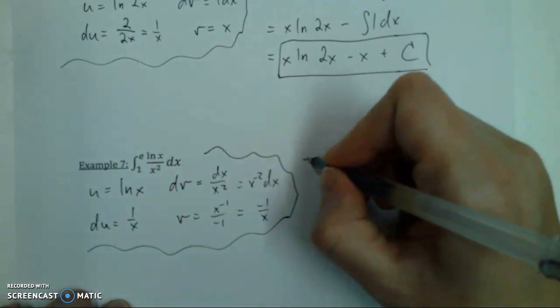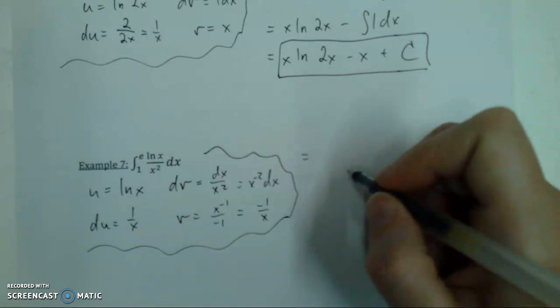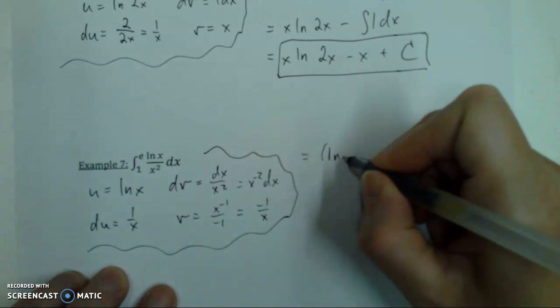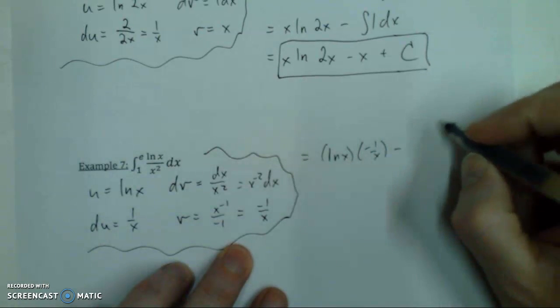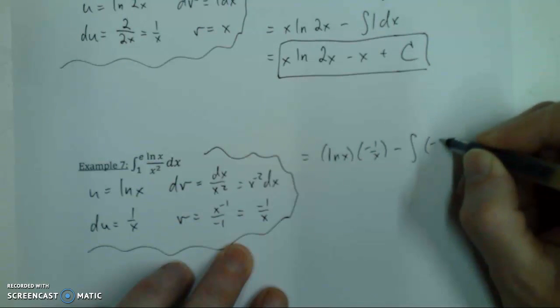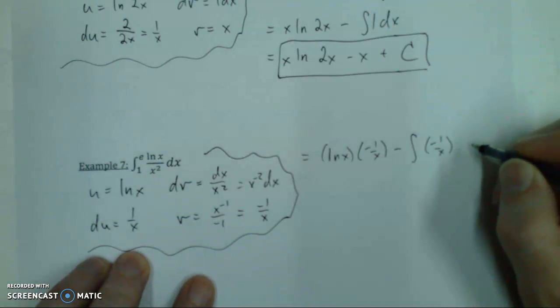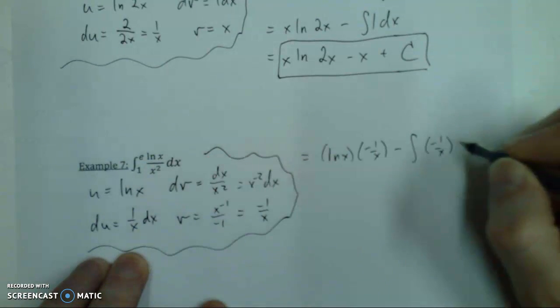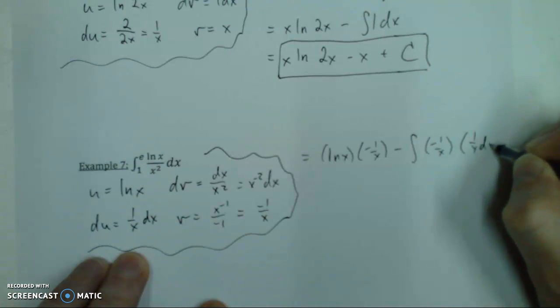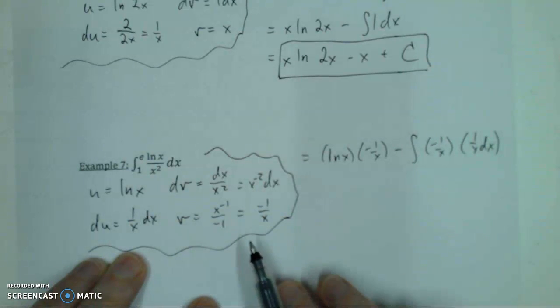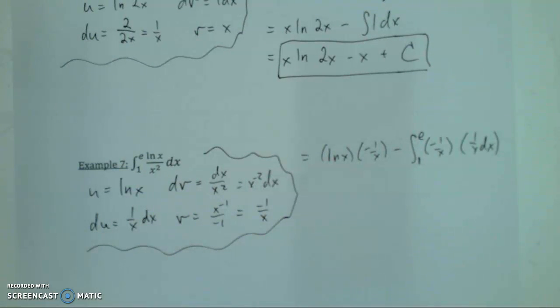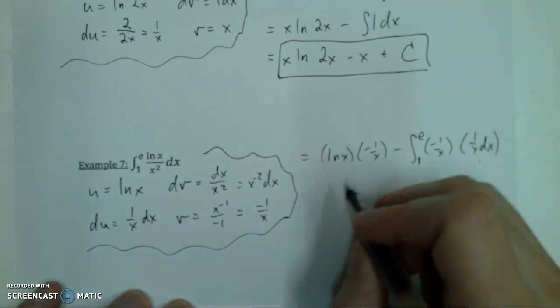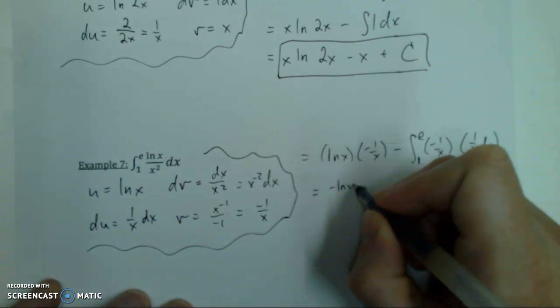All right, so as I do this, I'm going to get u times v minus the integral of v du. Oh, let's put the dx in there as well. Now, technically, since we have bounds, we're going to go ahead and continue to put those bounds in there. And once again, let's simplify that a little bit.